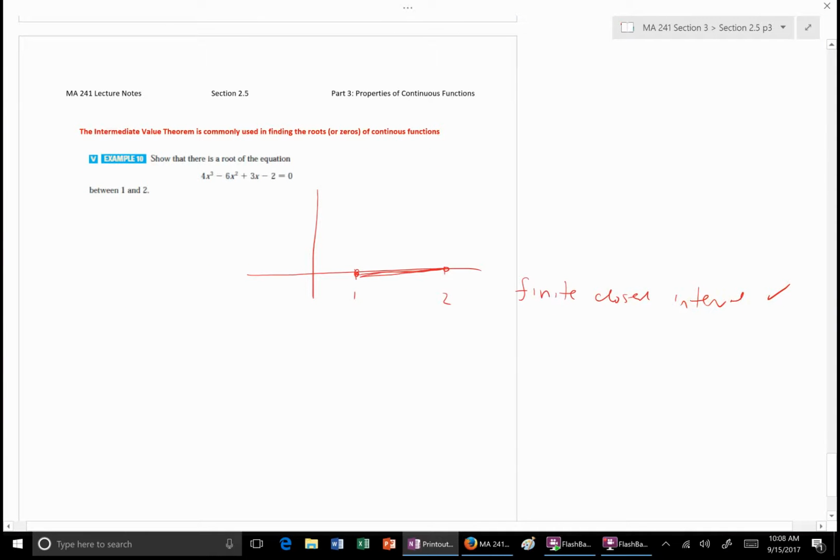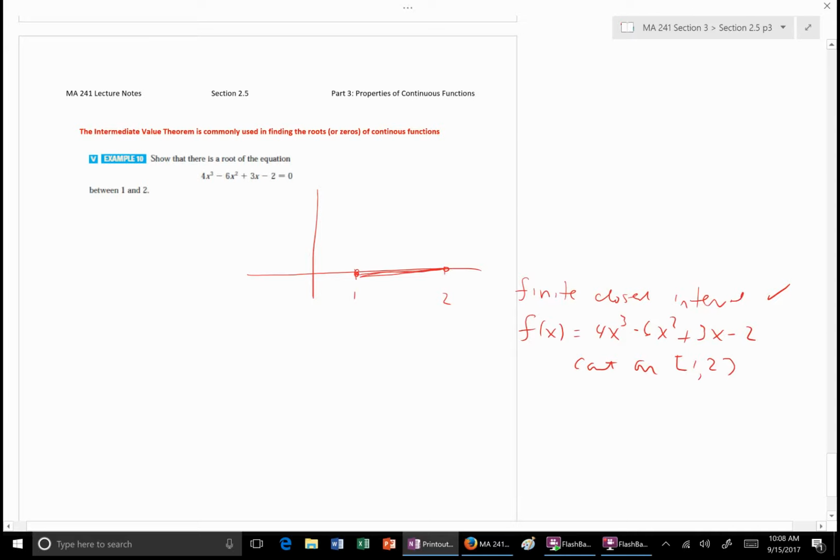Is this function continuous on that finite closed interval? Sure, it's a polynomial. So my function f of x, 4x cubed minus 6x squared plus 3x minus 2, is continuous on the closed interval [1, 2].